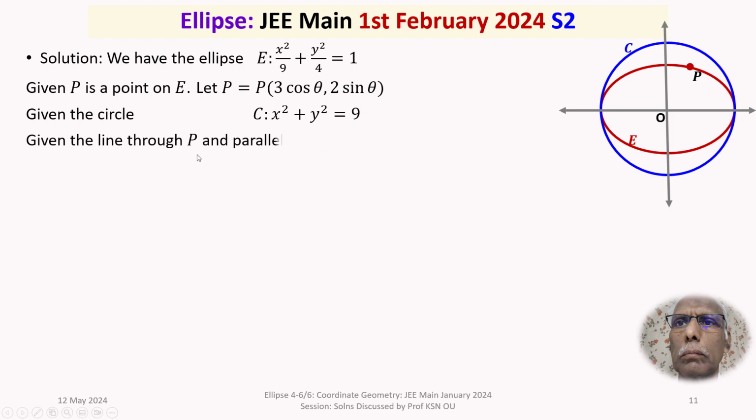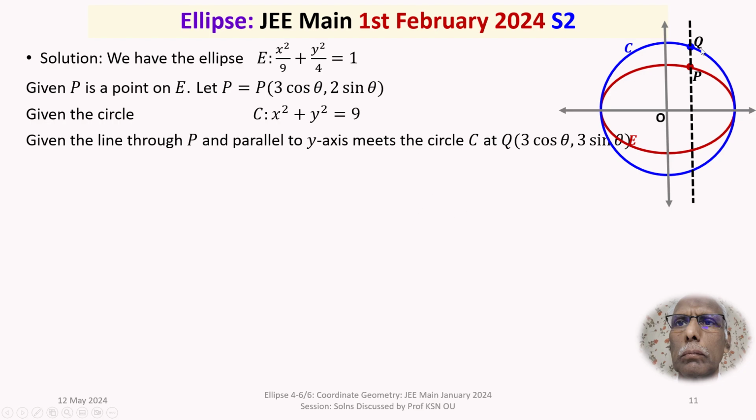Given the line through P parallel to y axis meets the circle C at Q, and P and Q are on the same side of x axis.